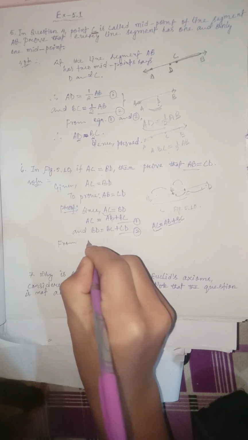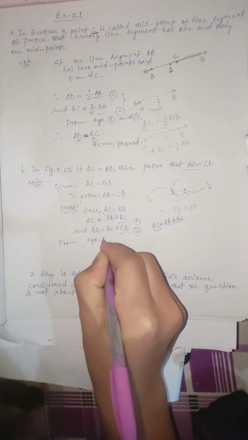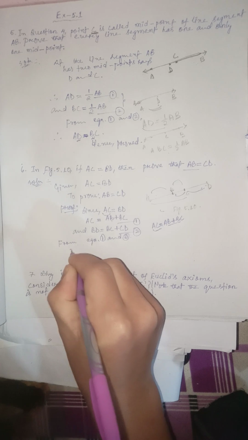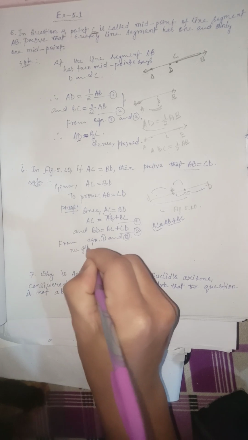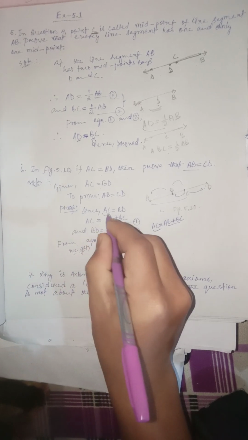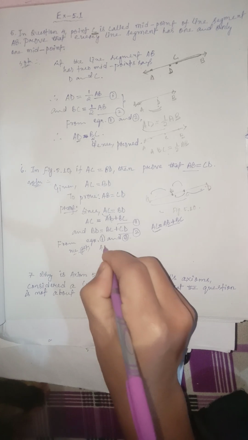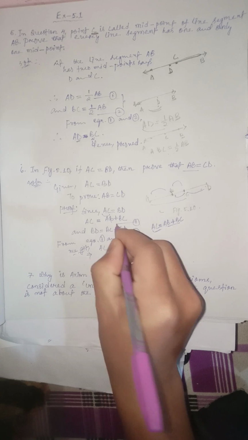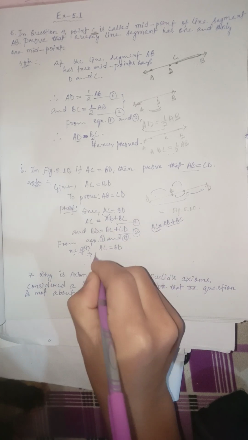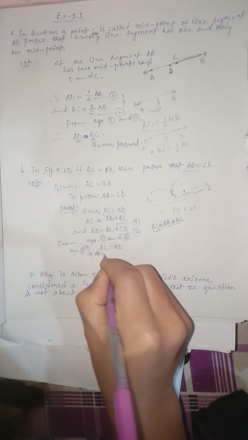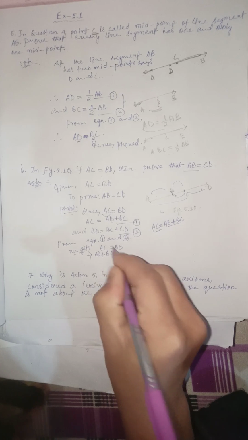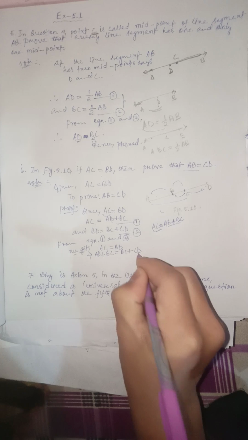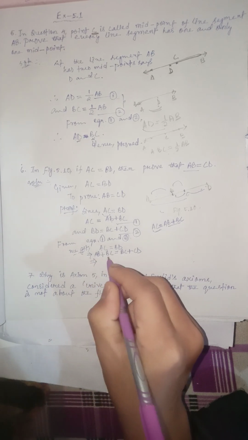Then from equations 1 and 2, we get, as we can see from equation 1, it is BD. Now what is the value of AC that we just expressed? It is AB plus BC, and after that we have BD. BD is equal to BC plus CD, and let us check it.